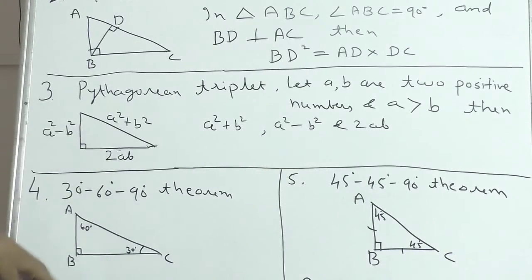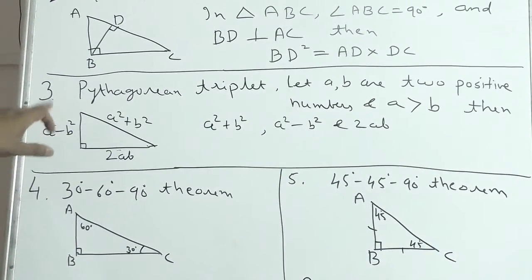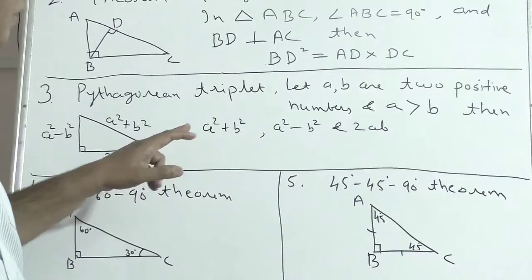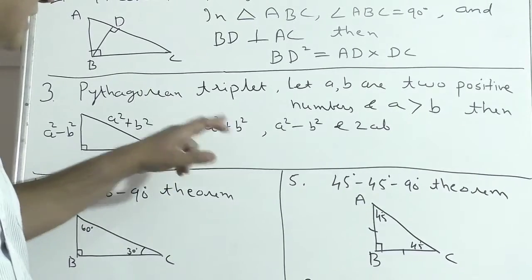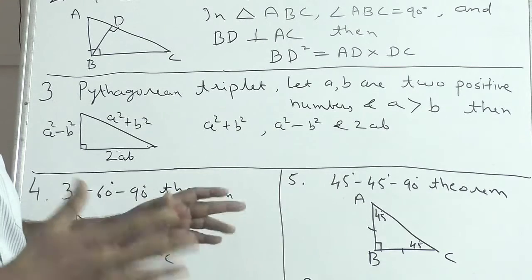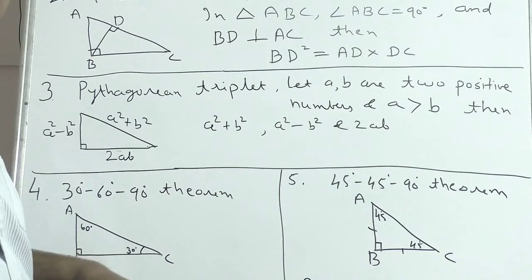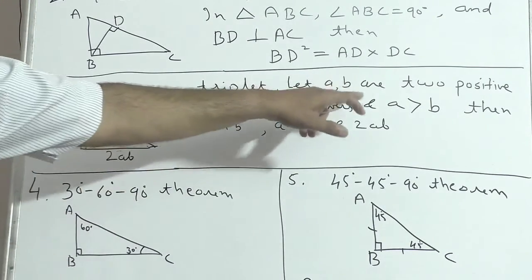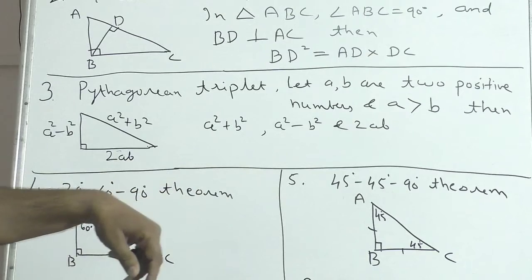A square plus B square is hypotenuse. A square minus B square is one side, 2AB is other side. Okay? This way you can, by putting any, you try with 5, 7, 8, different numbers, so you will be knowing many triplets. Exam would be easy for you. Just play as a game. Okay? Take A as 10, B as 5, whatever.